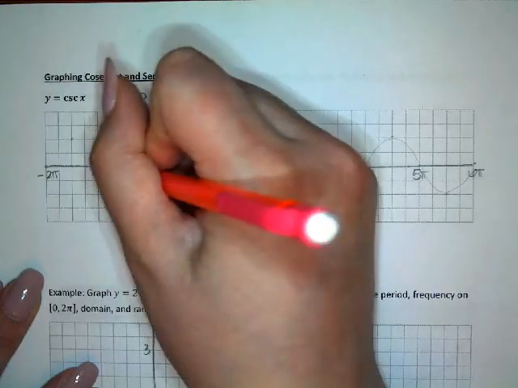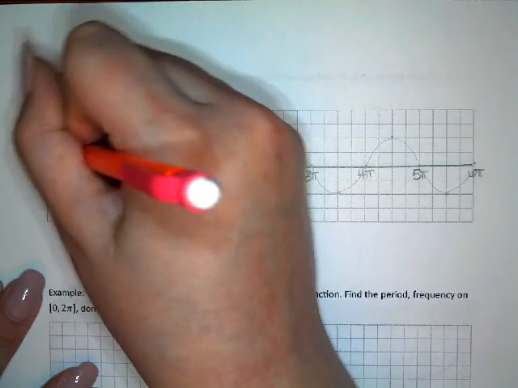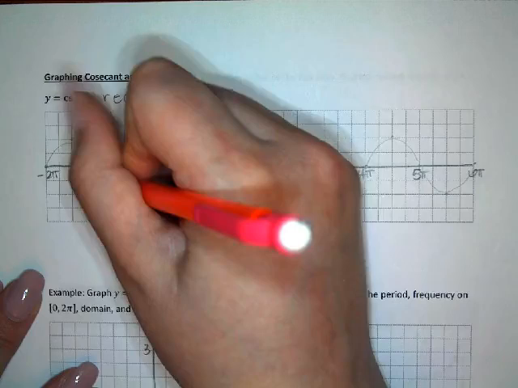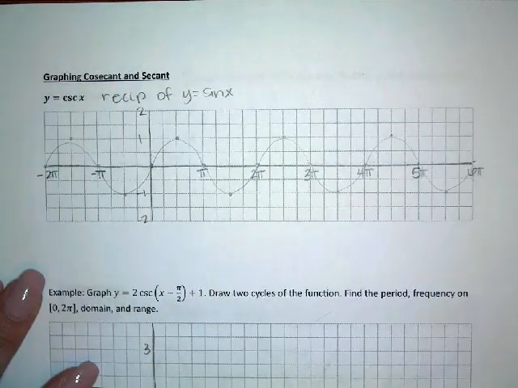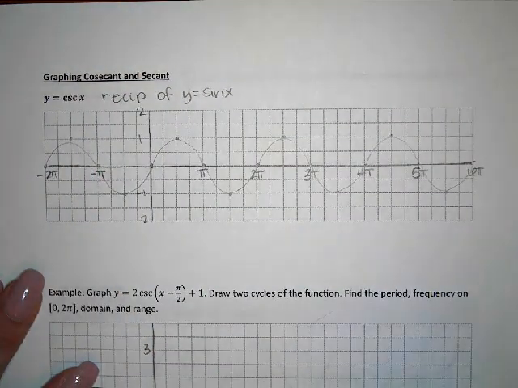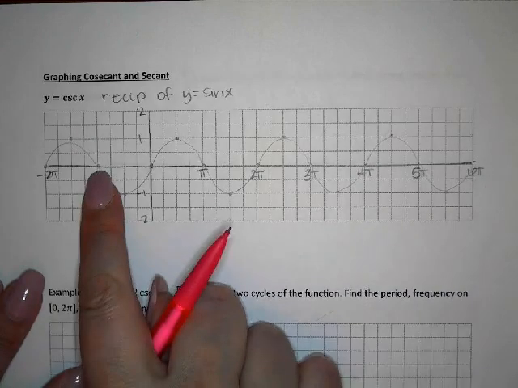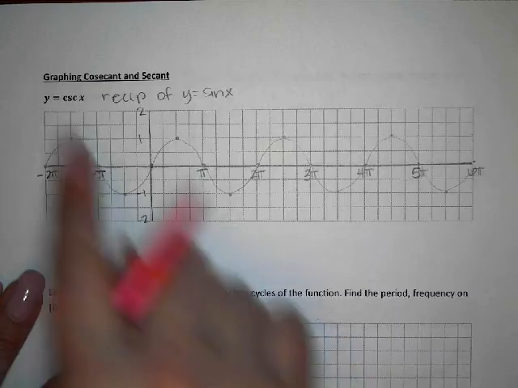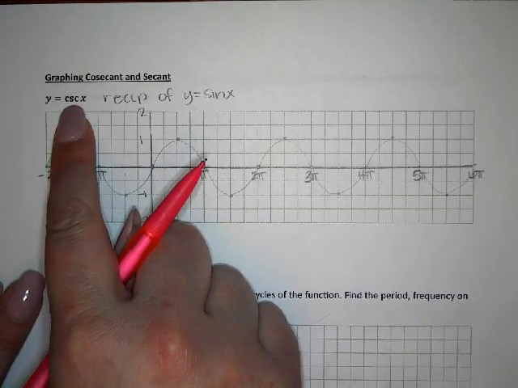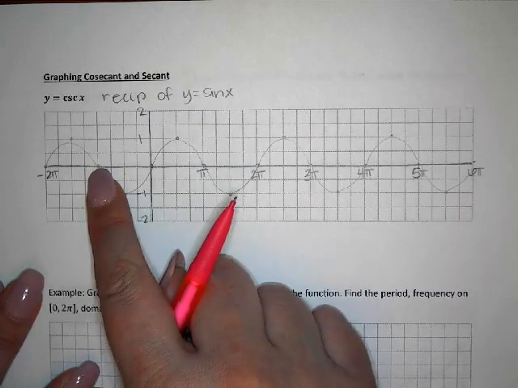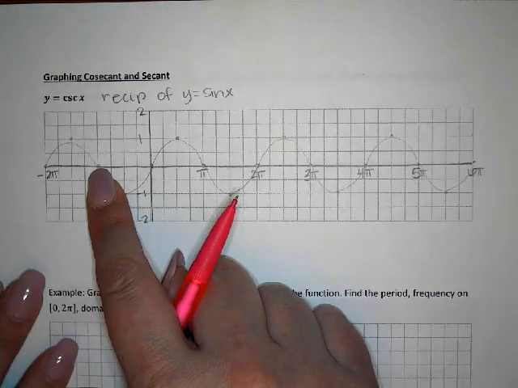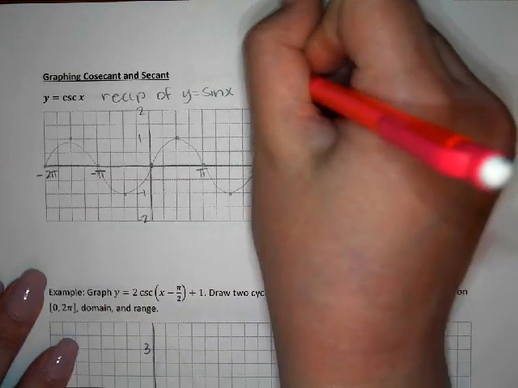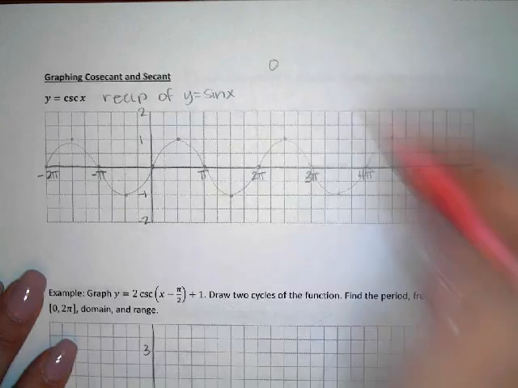Every place where sine has an x-intercept, cosecant would be undefined, because an x-intercept is an output of 0, and the whole number 0, if you write it as a fraction, is 0 divided by 1, and if you flip that, it's undefined. So anywhere that sine has x-intercepts, cosecant has vertical asymptotes.